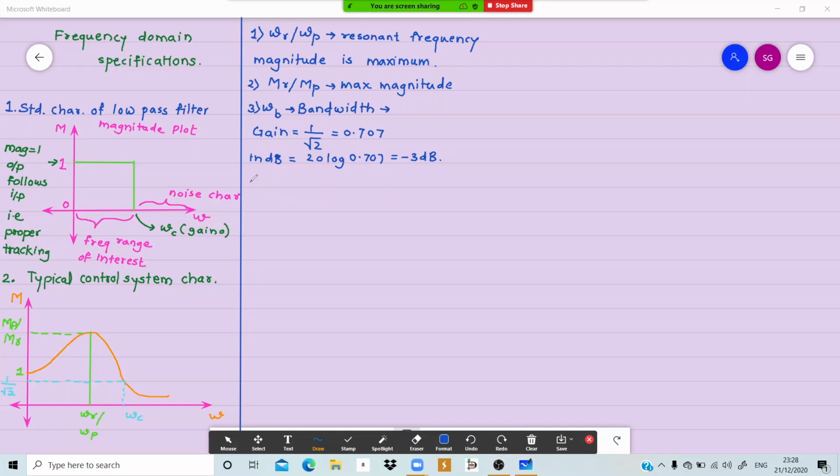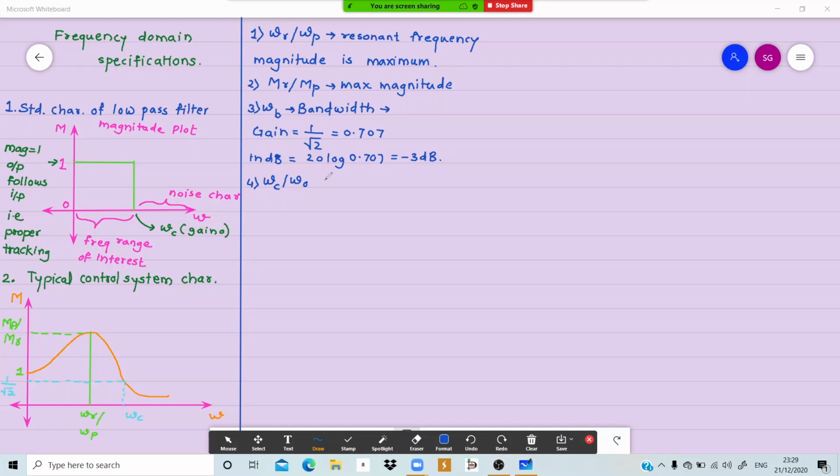Then the next thing is the cutoff frequency, omega c or omega 0. Practically a sharp fall in the gain is not possible, right? So we say below 3 dB. Whenever the gain reaches 3 dB below, that is the cutoff frequency.